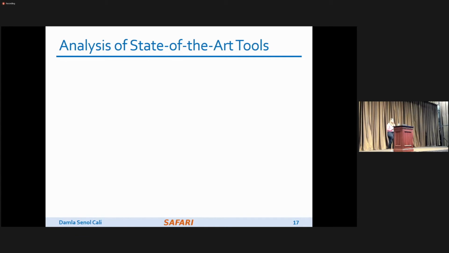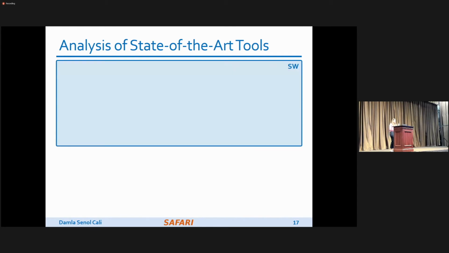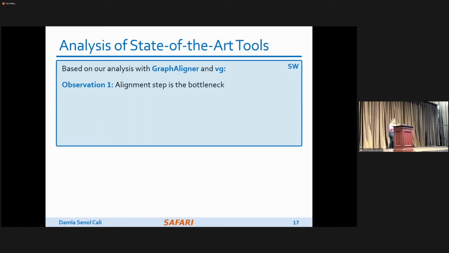In order to further understand the performance bottlenecks of the state-of-the-art sequence-to-graph mapping tools, we rigorously analyze 2 such tools, GraphAligner and VG, and we make 4 key observations. First, among the 3 online steps of the read mapping pipeline, alignment constitutes the majority of the end-to-end execution, plus it is even more expensive than its counterpart in the sequence-to-sequence mapping pipeline.